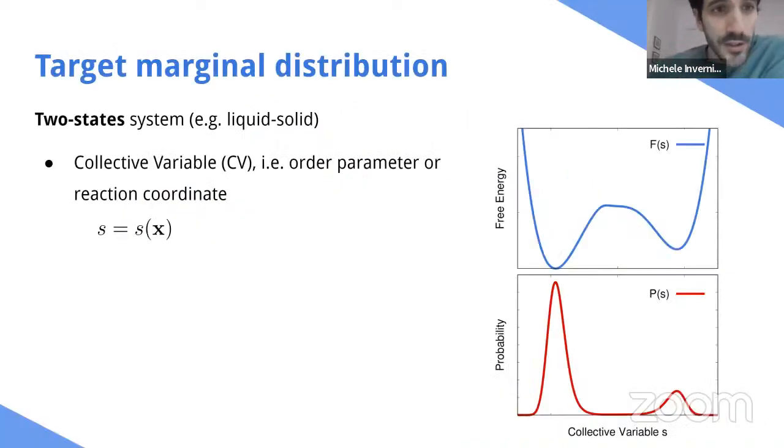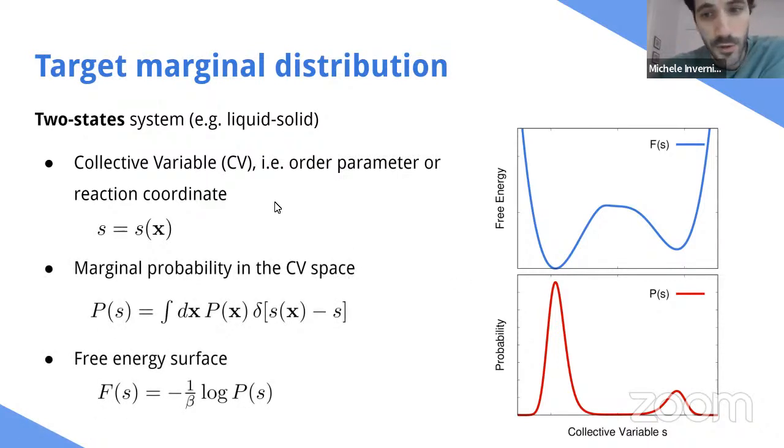So again, here we want to instead define the target through the marginal distribution along a collective variable. A collective variable, I'm sure all of you know by now, is a function of the full coordinate space.